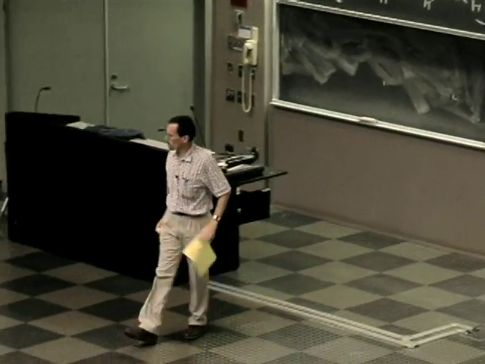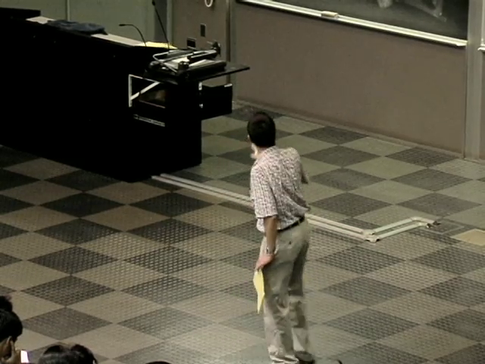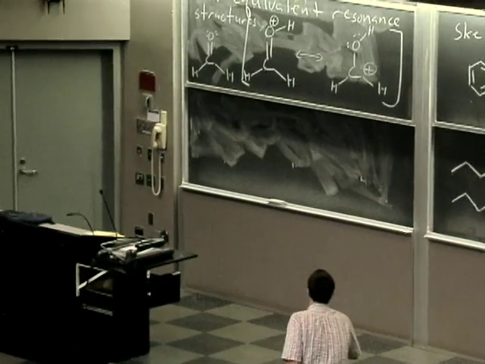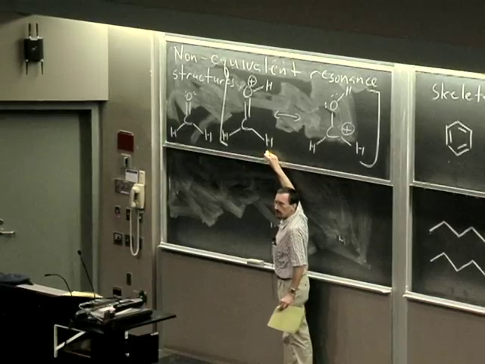What's good about the structure on the left? The resonance structure on the left. Double bond. What else? Not the formaldehyde. So what's good about this structure?